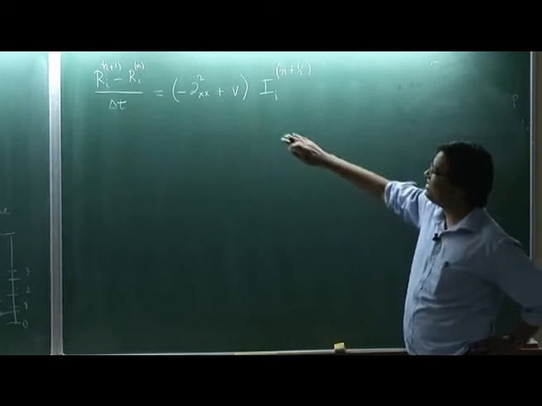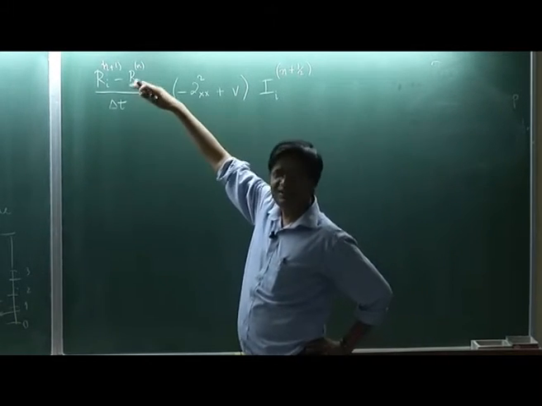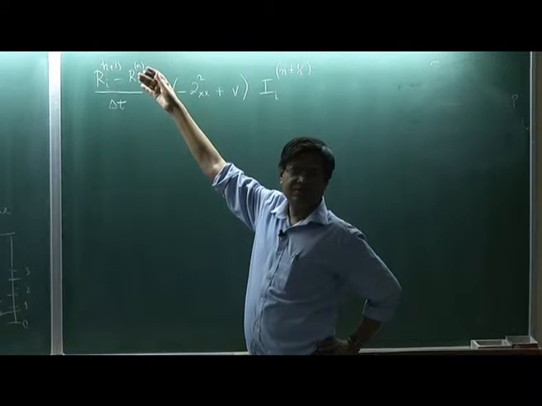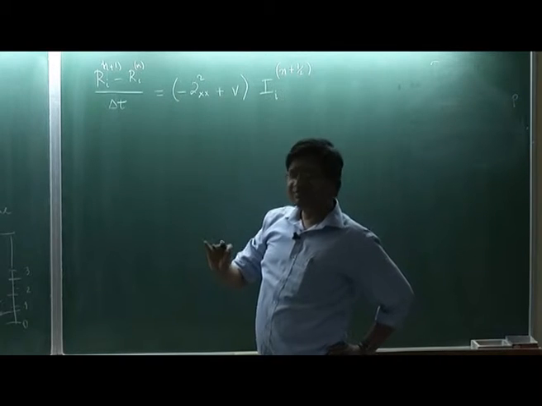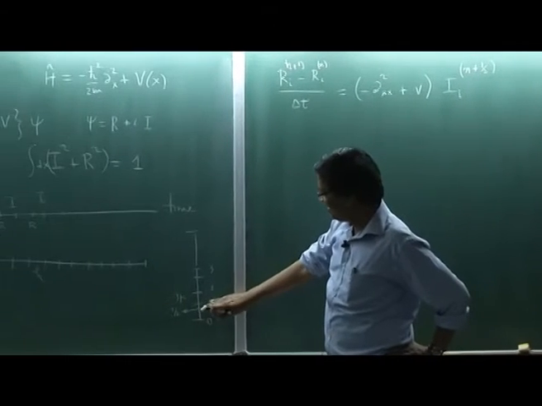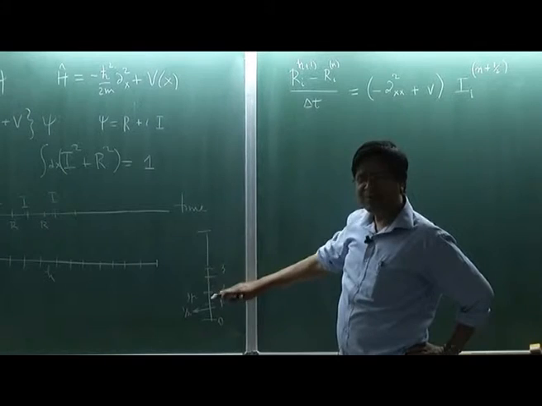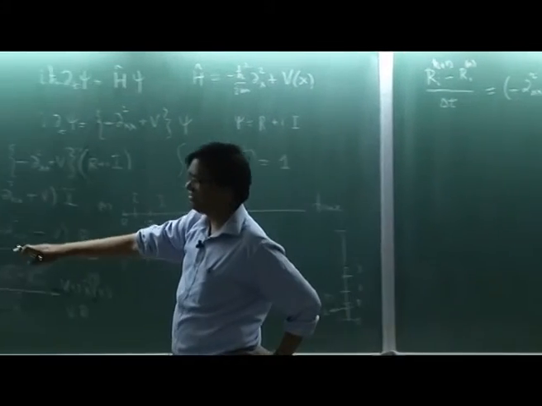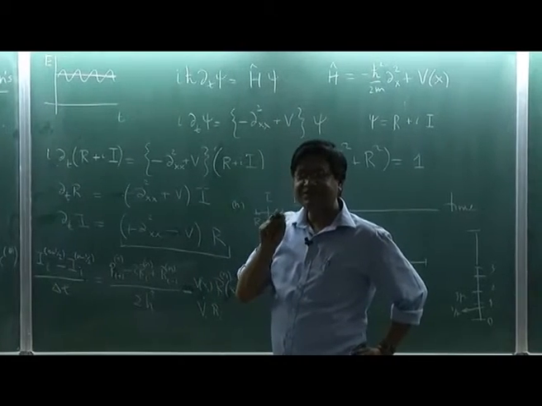So this is how my real part, the wave function, will jump in time. This is clear from n to n plus 1, or n plus half to n plus 3 half, or n minus half to n plus half. The only problem will come with the first step.